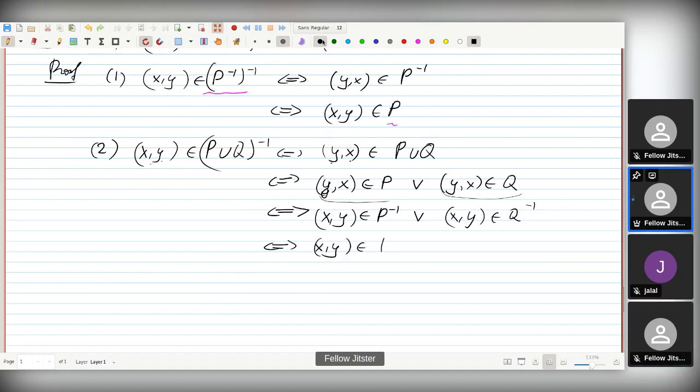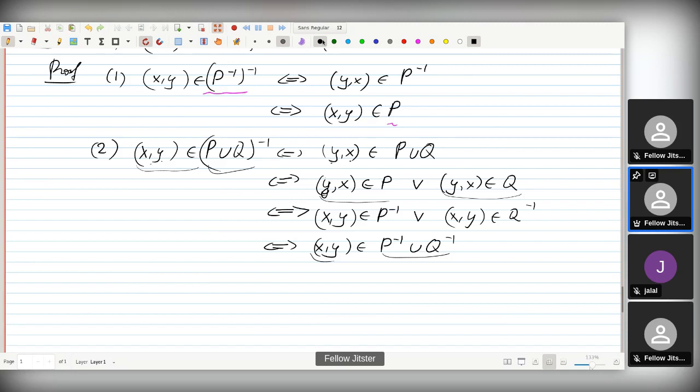So XY belongs to either the converse of P or the converse of Q. These are equivalent. Hence, these two sets are equal. Is it clear? Yes. Look, there was no point to change union to intersection.